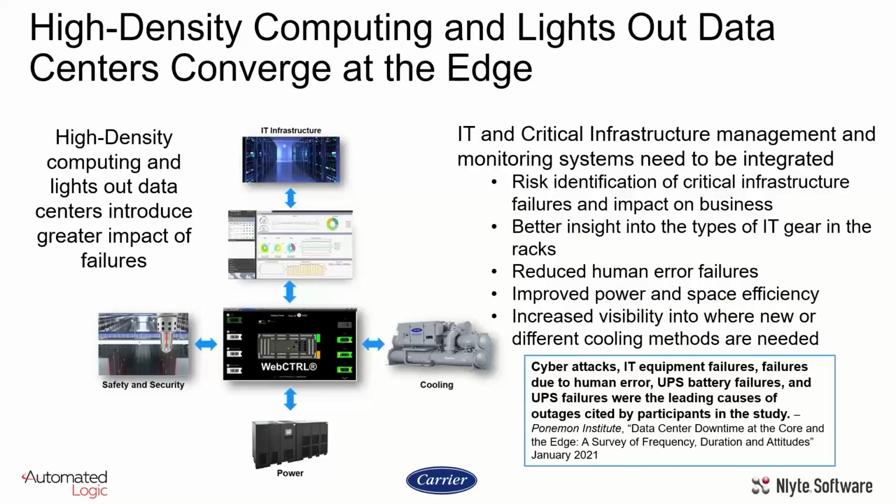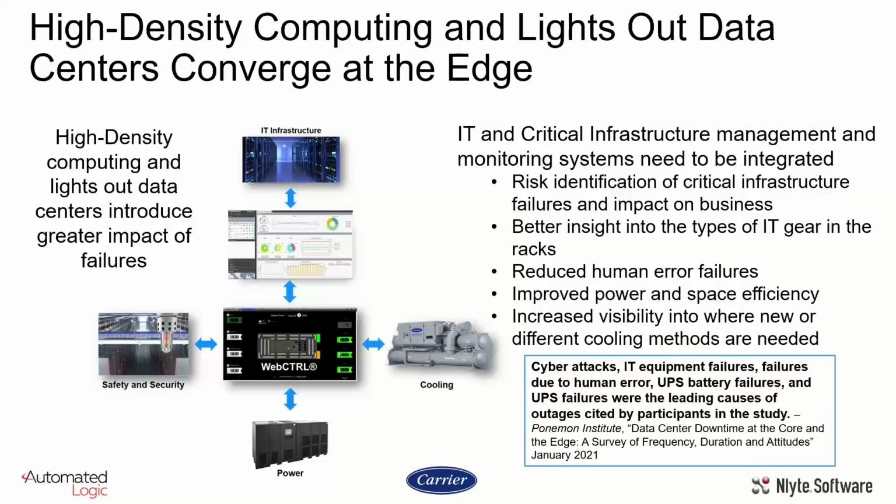Well, first, risk identification of critical infrastructure failures and their impact on the business. In other words, which workloads downstream from a critical infrastructure failure are going to be affected, and what does it mean to us? You also gain better insight into the types of IT gear in the racks.